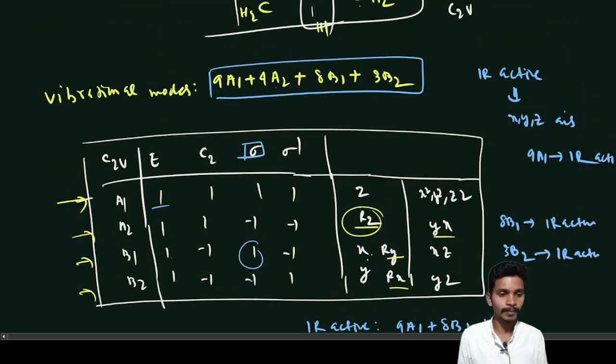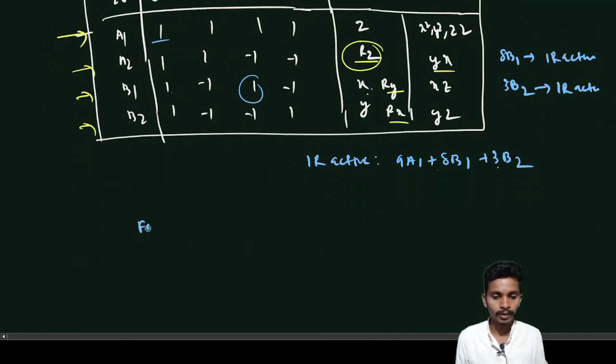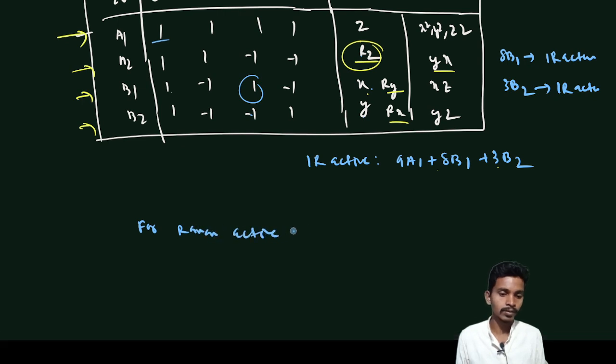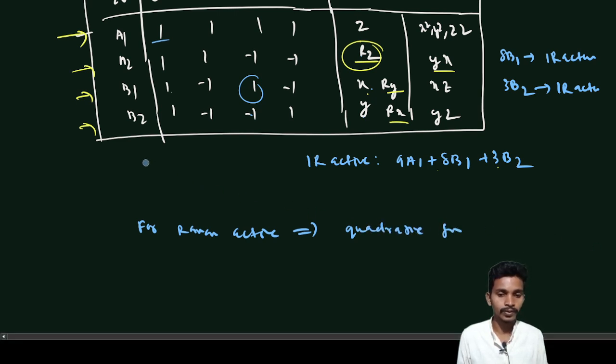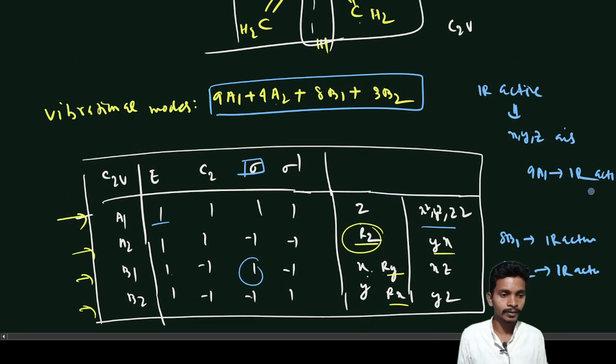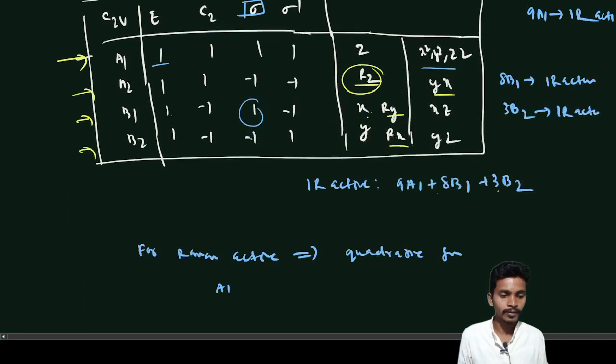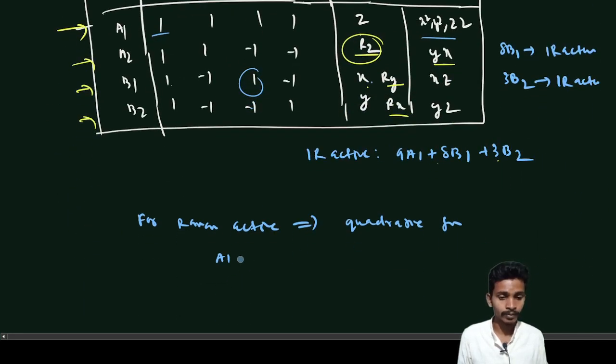Now we will look for the Raman actives. For Raman, we look at the quadratic functions. For A1, quadratic functions are there, so these 9A1 are Raman active.